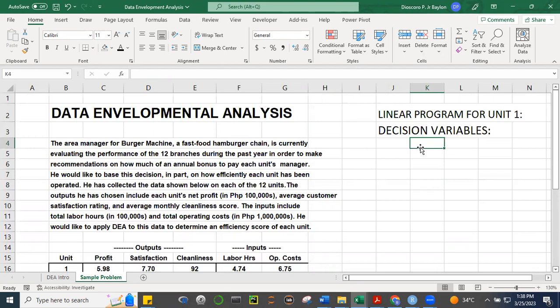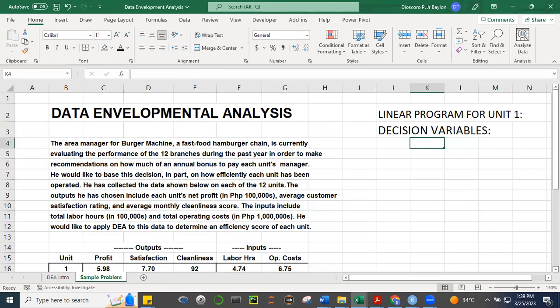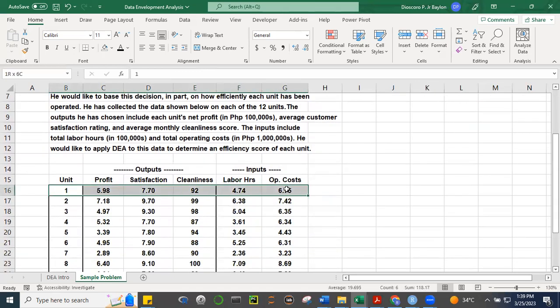Weights for the output of profit, satisfaction, and cleanliness, sir. And weights for the labor hours and the operating cost. Yes, so it's here, it's given. So the decision variables for unit number 1: you have 3 outputs. Although I should not have written the outputs here because we should know which of the variables should be an output or an input. So there's a weight for profit, a weight for satisfaction, and a weight for cleanliness.